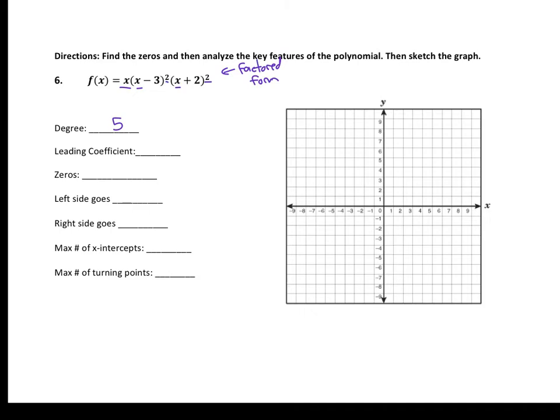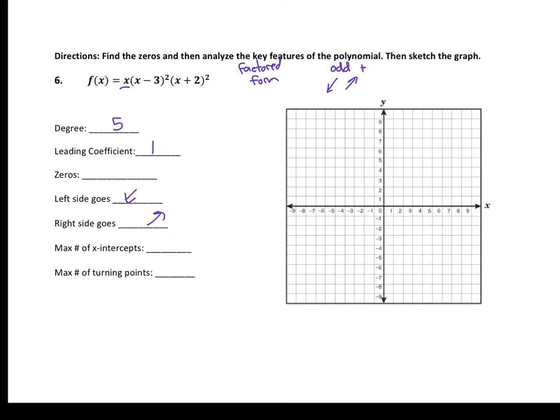The leading coefficient, if we look at this here, is 1, which is positive. If we have an odd degree with a positive leading coefficient, it goes down to the left, up to the right. So our end behavior is going to go like that.